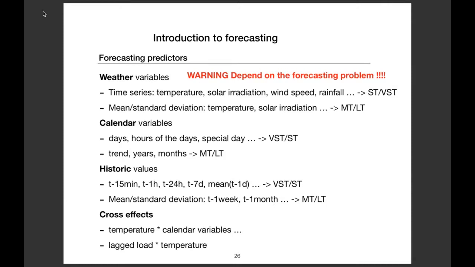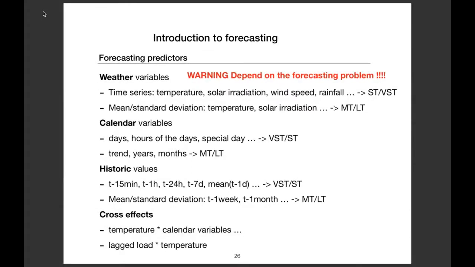But it could be something else. If you want, for instance, to forecast consumption, you will probably use calendar variables, because most of the time consumption is related to the days of the week. For instance, for the consumption of offices, people go to the office most of the time from Monday to Friday, of course when we are not in the COVID situation; imagine a normal situation.